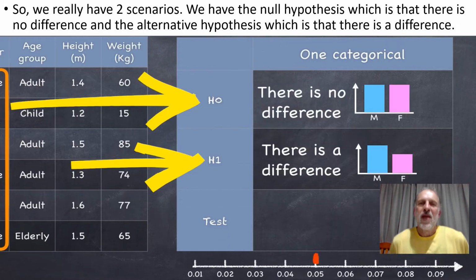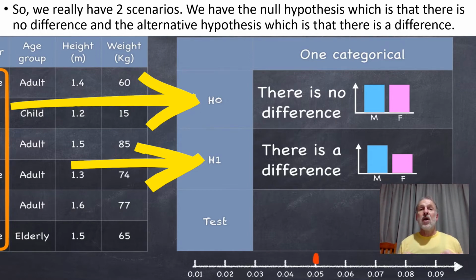So people, I've been talking about these two mutually exclusive statements. So you will always see that you end up with two possibilities. It's like a scale. And so you always have two scenarios only, like in this case. We have the null hypothesis, which is, hey, there's no difference. And then we've got the alternative hypothesis, which is what we believe, that there is a difference.